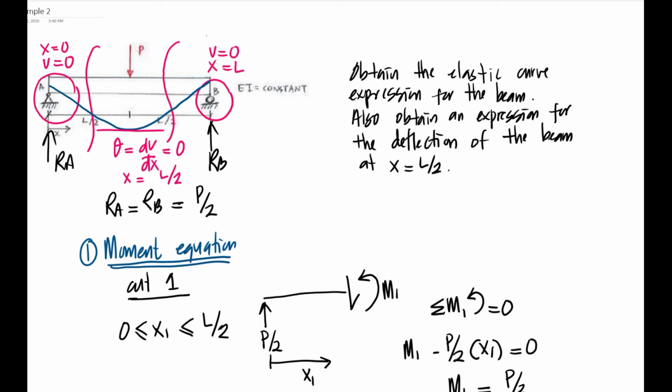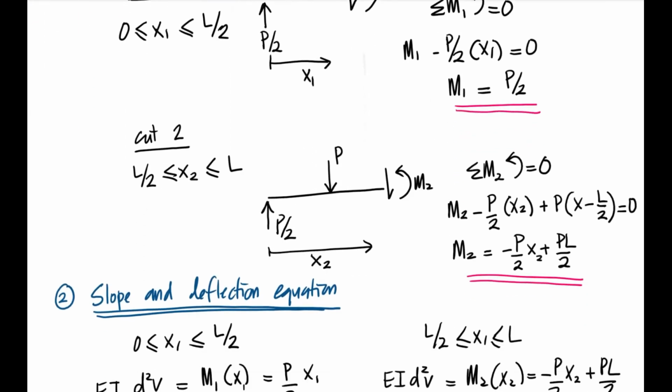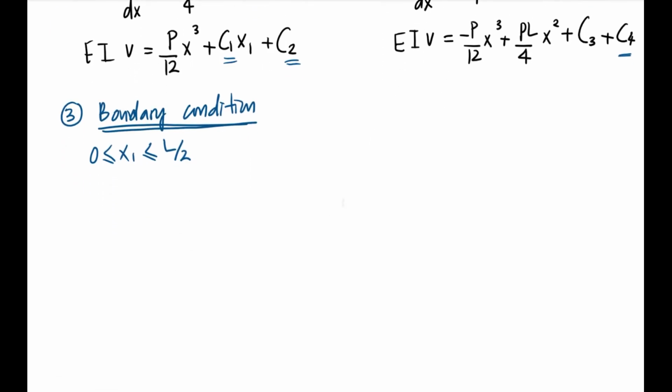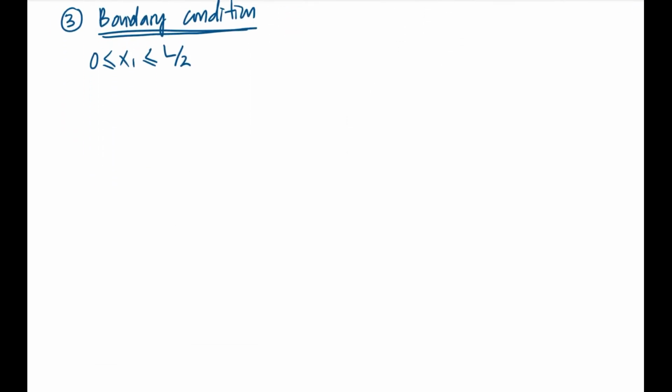Okay, so going back to define C1, C2 and C3. Basically for x1, we know that at x1 equal to 0, v equals 0. Or we can define based on x equal to L over 2, theta equal to dv over dx equal to 0.